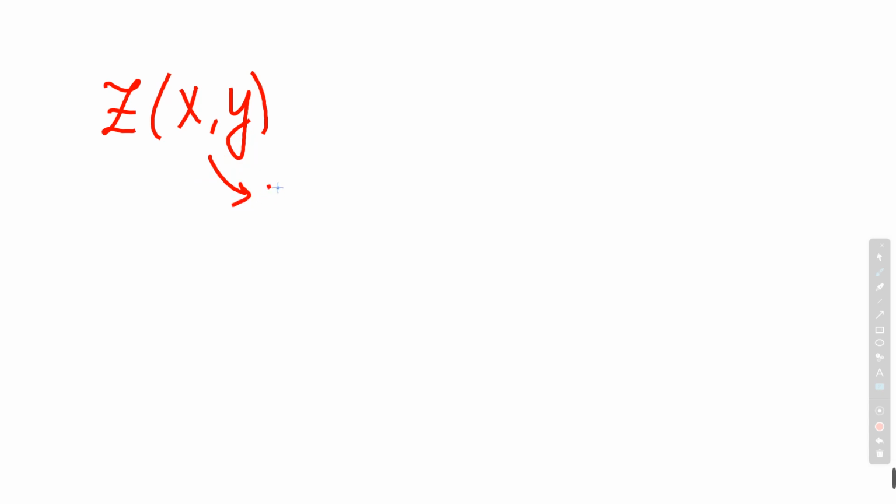The two independent variables are separated by a comma. And the function name is z. If you know the values of x and y, then you can input them into the expression and find the value of function z.